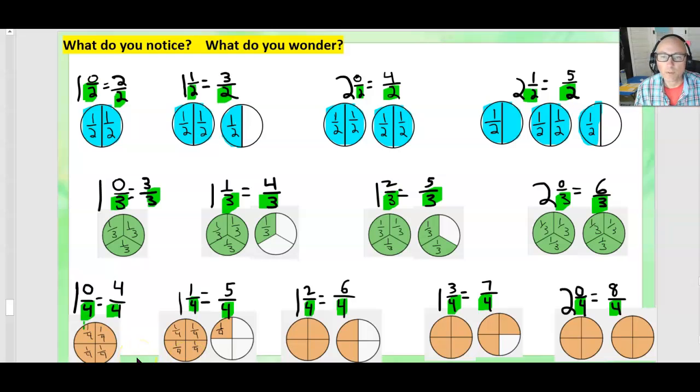What else do we notice? I'm noticing that, well, this is tough. Where does this 2 come from? Where does this 3 come from? I don't know how they're getting that exactly.